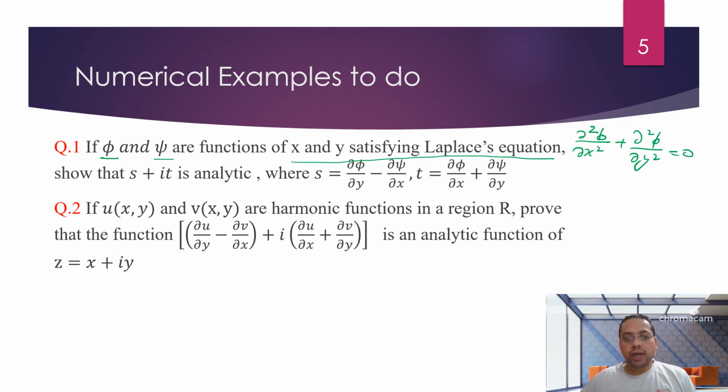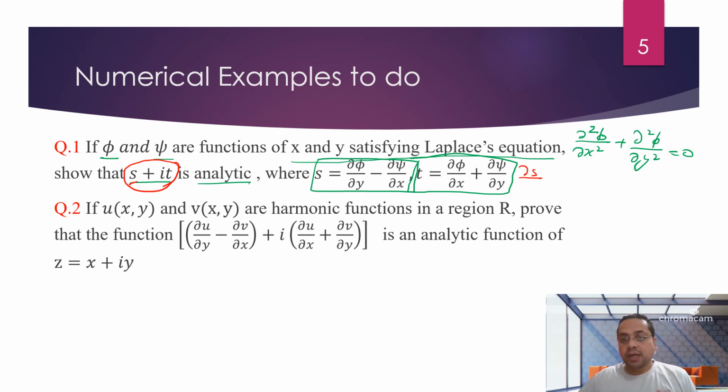Then we have to show that s plus iota t, where s is equal to this function and t is equal to this function, is analytic. What we have to prove? To prove this function is analytic, where the real part is s and the imaginary part is t, we have to prove the CR equation.